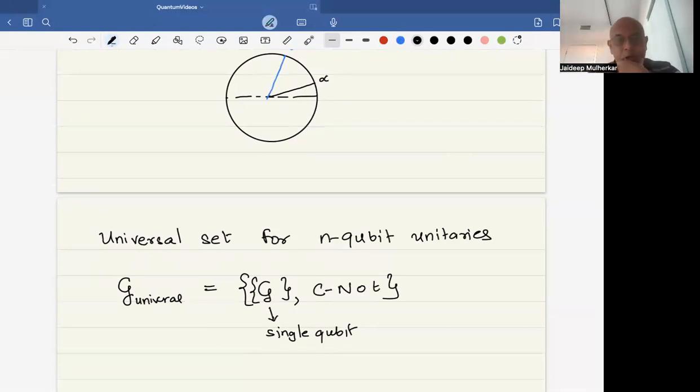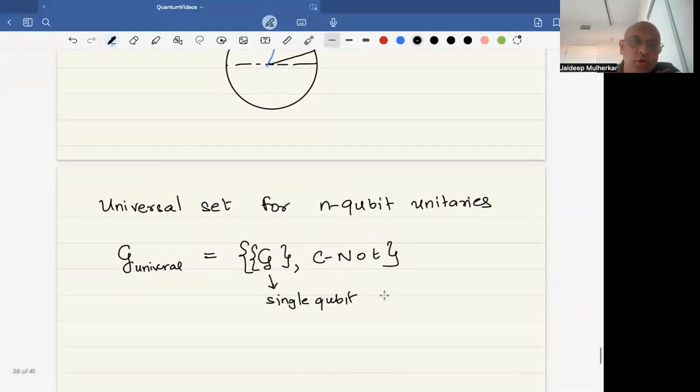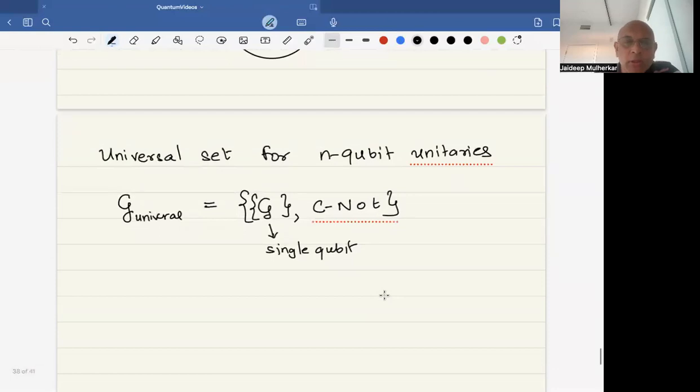Now, an important question is how many gates will we need to accomplish this universality? It turns out that most n qubit unitaries require an exponential number of gates. So U will require nearly order of 4 to the power n gates.